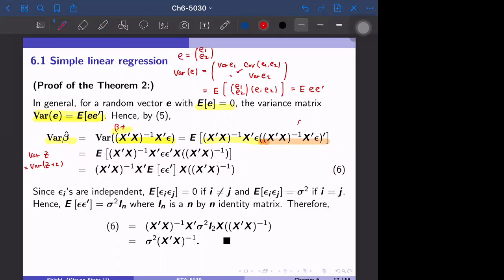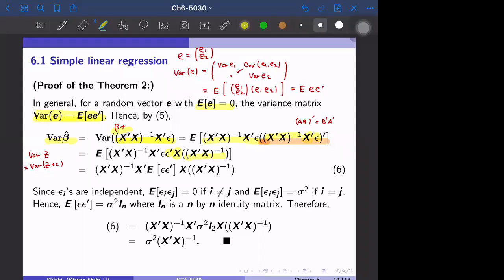In general, if we have matrix AB, the transpose of AB is B transposed A transposed. So first we transpose epsilon, then we transpose X transposed. So we have epsilon transposed and X, and actually you can show that the transposed matrix of this is again this matrix, because X prime X is already a symmetric matrix, and the inverse is also symmetric, so the transpose does not change anything.